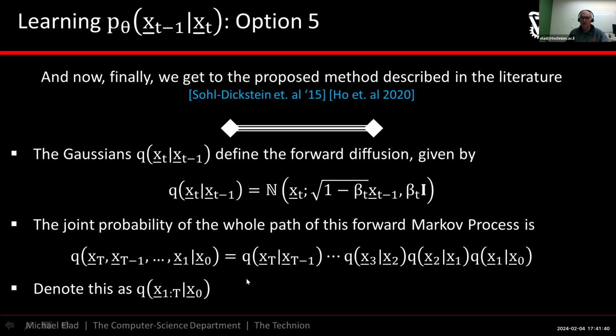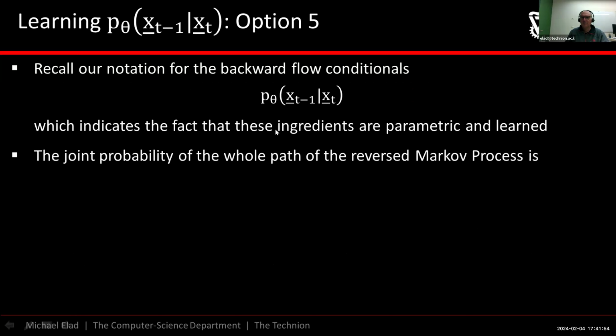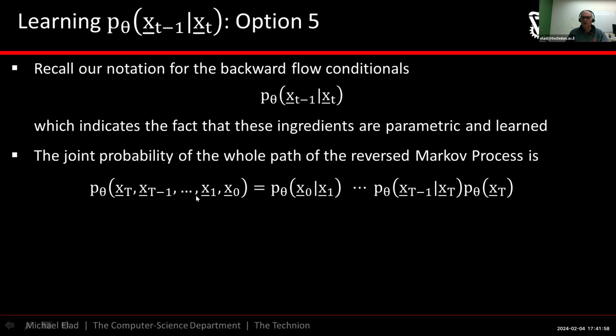Okay. And now let's write something very similar for the reverse. And you will see why we'll use this. So in the reverse path, we are looking at Gaussians. We do know that they are Gaussian, that go back from t to t minus 1. And they are parametric, as already mentioned. And again, we can talk about the probability of the complete path. Here it is. This time, think about how it is generated. You start by drawing from a Gaussian for x capital T with this probability.